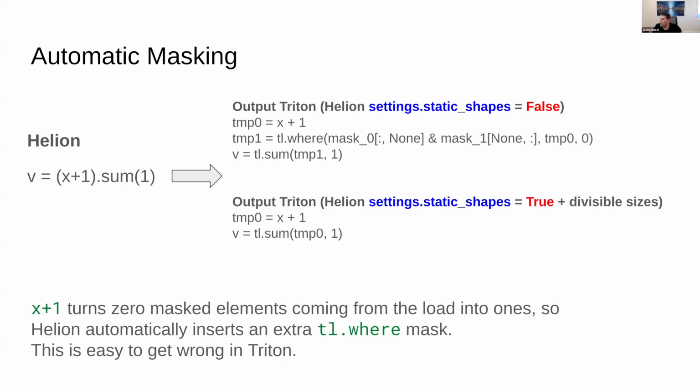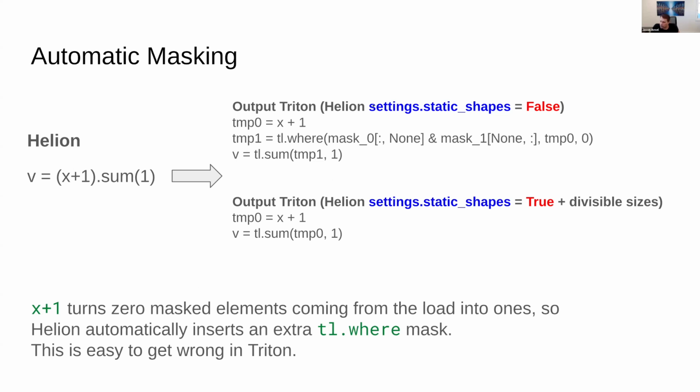So you have these last 4 elements that are just 0 when you load them in. And if you add 1 to a block and then sum it up, those masked off elements, which should be 0, end up getting 1 added to them and become 1s. This is a foot gun in Triton because it can be really hard to get this correct. People forget to do it. And if you're only testing your program with power of 2 inputs, then this isn't really a problem. And so Helion has an analysis in it to automatically do this masking.